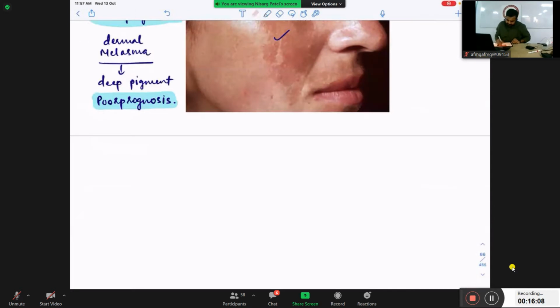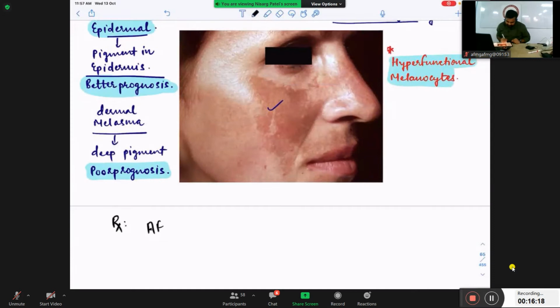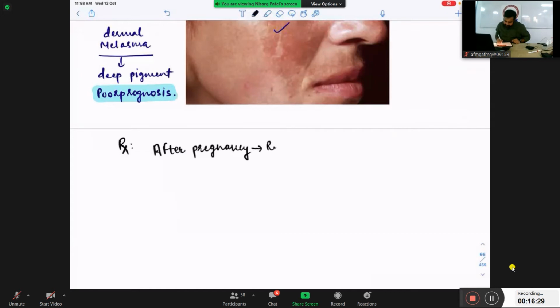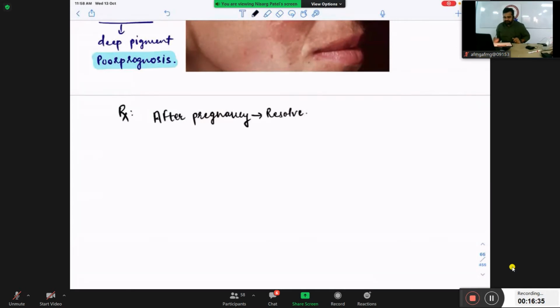How to treat this condition? So the treatment: after the pregnancy, it will resolve.